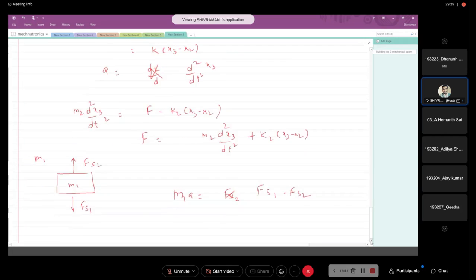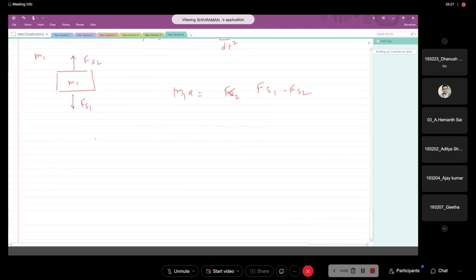Now M1 d2x2 upon dt square, where Fs1 is K1(x2 minus x1) and Fs2 is K2(x3 minus x2). You can rearrange the equation and you will get the values.